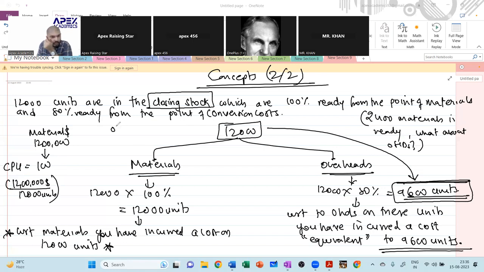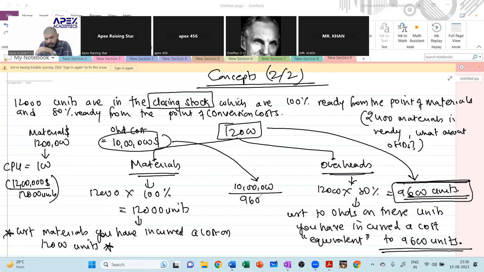But if I say that the overhead cost that I incurred in this period is 10 lakhs, this 10 lakhs is incurred for how many units? 9,600 units.